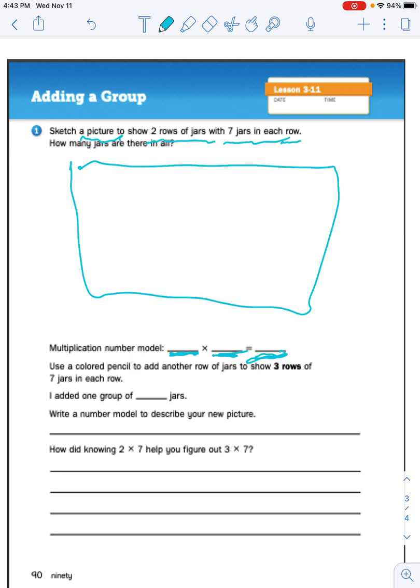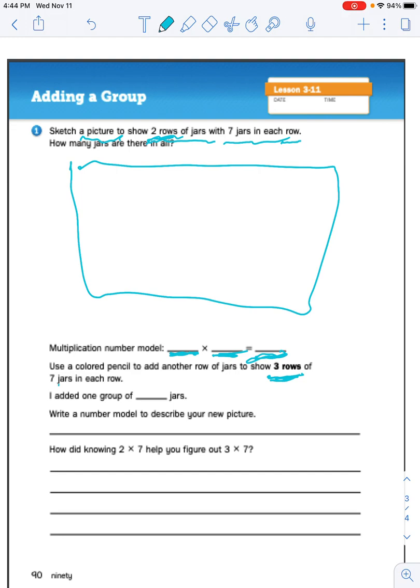Use a colored pencil to add another row of jars to show 3 rows of 7 jars in each row. Okay, so instead of 2, you're still going to draw that too, sorry. You're going to just add another row to make it 3 rows, but do it in a different color so you can see, just like I did on my first problem.